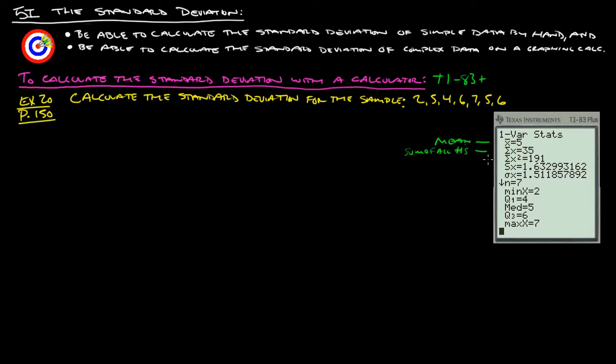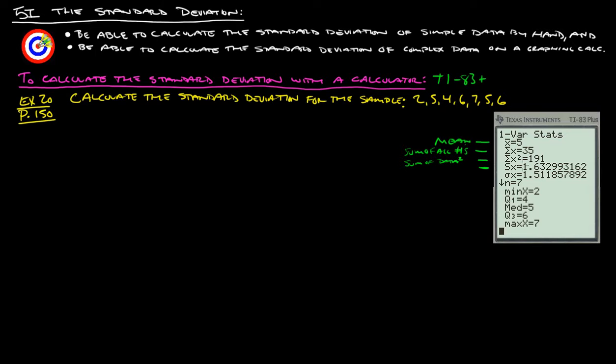And again, you don't necessarily need to know all this, but it's kind of handy to know. This here is the sum of all the data squared, which again, if you'll remember, we did all this. Sum of data squared, we'll call it.